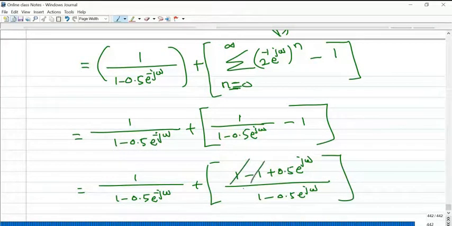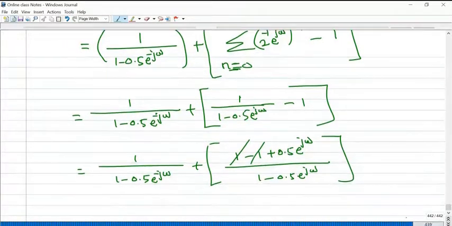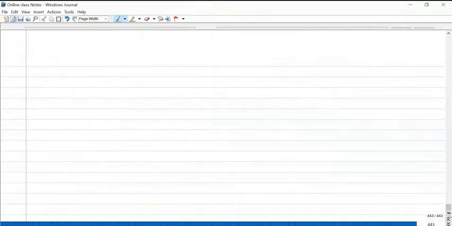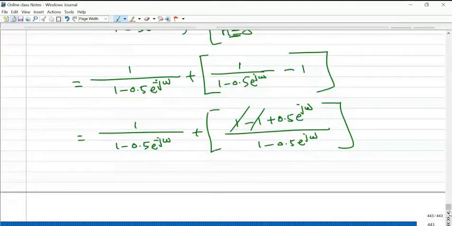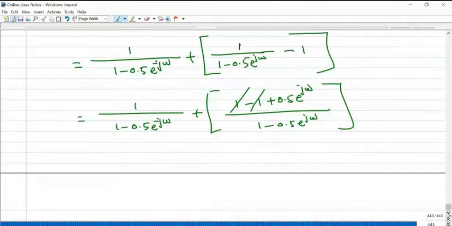So 1 will be cancelled. Further, you can simplify this. You can cross multiply these two terms and simplify your result. That is also possible.